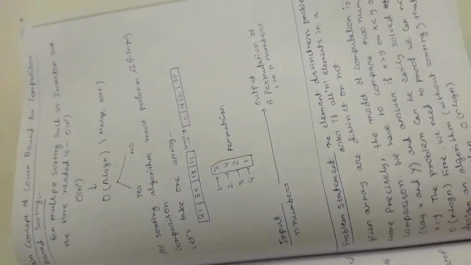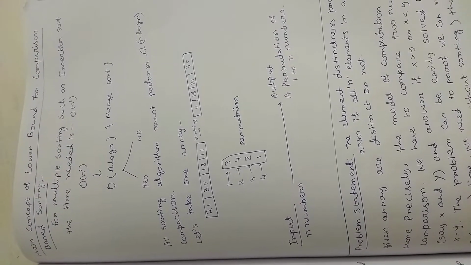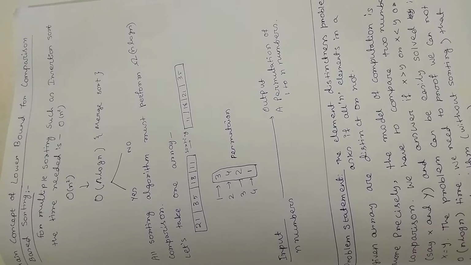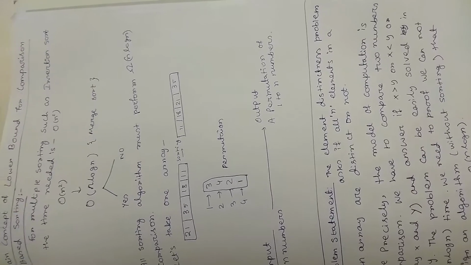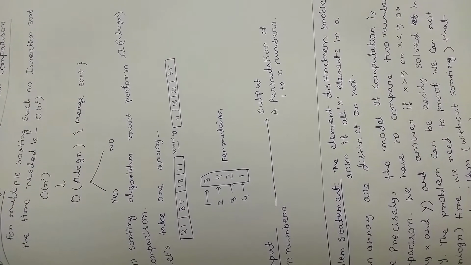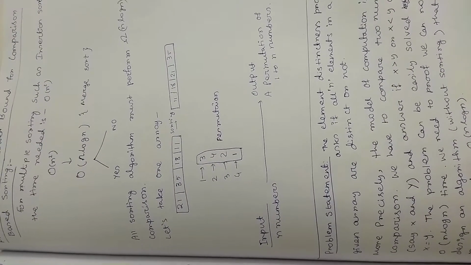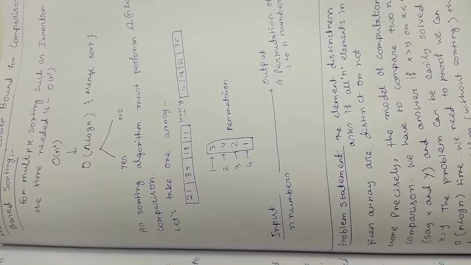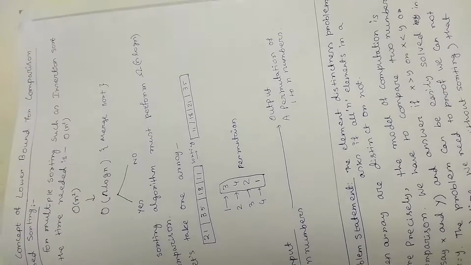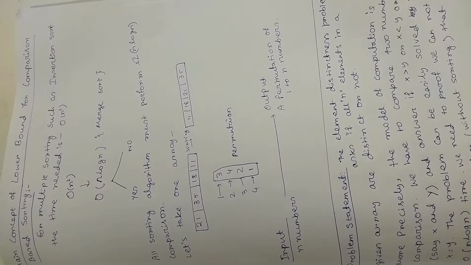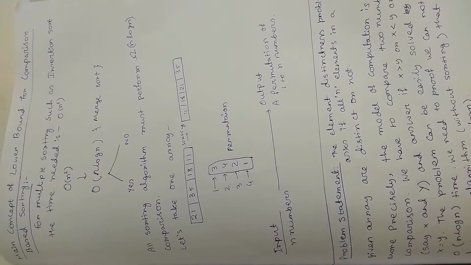Now we take one unsorted array, let's say 21, 35, 18, 11. After sorting, we get the sorted array 11, 18, 21 and 35. If we look at the sorting with respect to index, the first element 21 goes to the third place, 35 goes to the fourth place, 18 goes to the second place, and 11 goes to the first place.